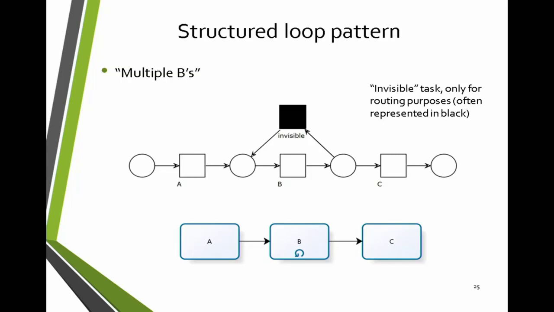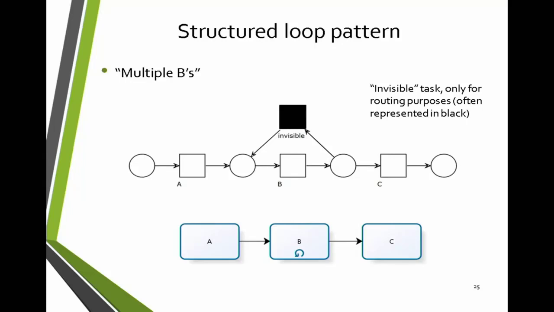In BPMN, in the standard, they opted to allow a more flexible and more convenient modeling notation for this. And a convenient modeling notation is this loop marker. This small arrow allows you to indicate that a particular task, or also a sub-process, can be repeated, right? It has the same meaning.